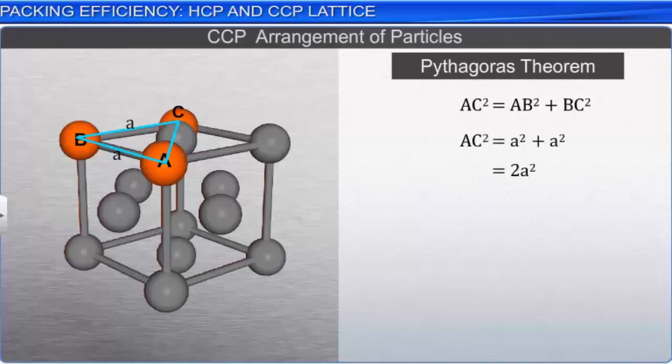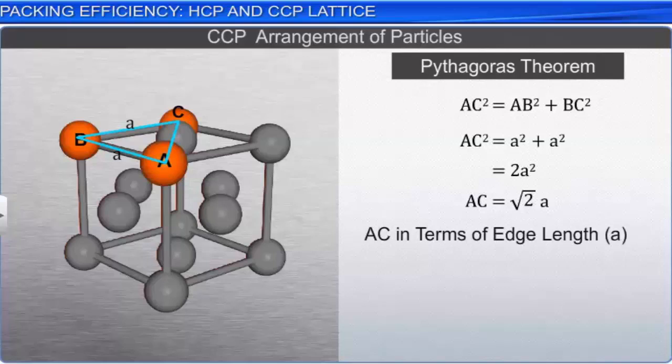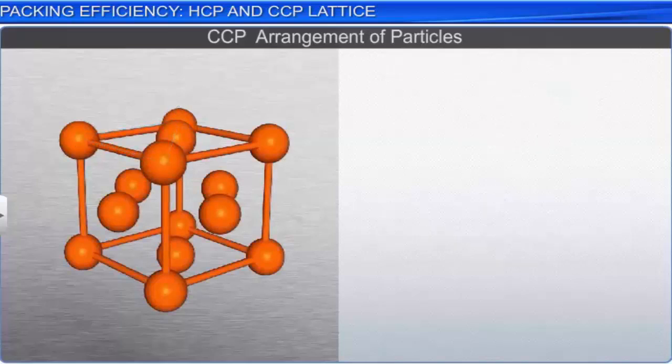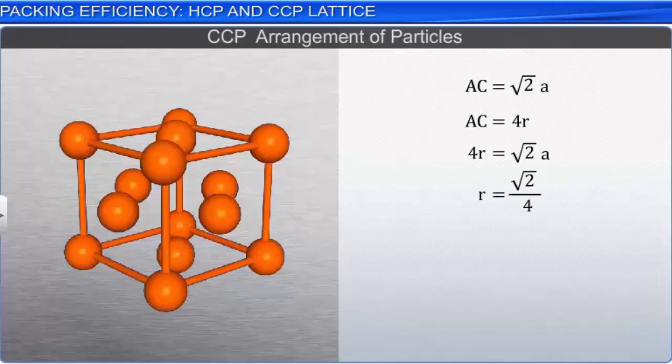Hence, AC is equal to root 2A. However, face diagonal AC in terms of edge length is AC is equal to 4R. Therefore, equating the two expressions for AC, we get 4R is equal to root 2A. Hence, R is equal to root 2 upon 4 multiplied by A as given here.